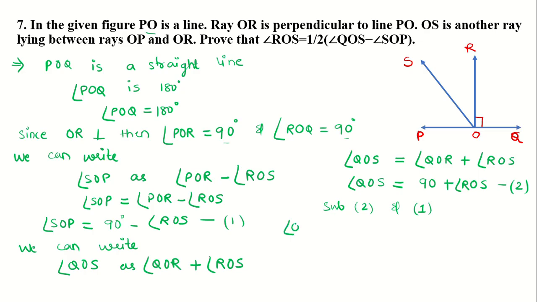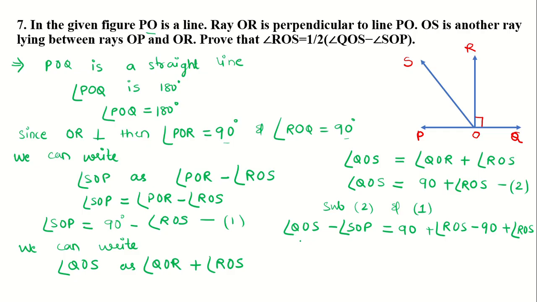Okay, now you will get angle QOS minus angle SOP is equal to 90 plus angle ROS minus 90 minus angle ROS.